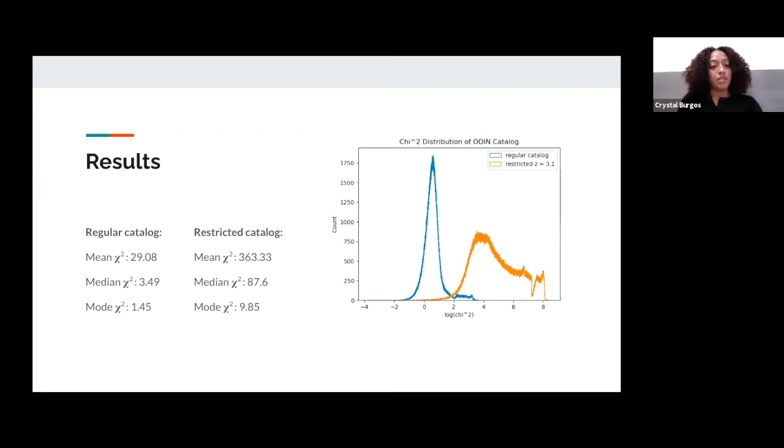The other narrowband filter is N673, and the redshift that's relevant to the N673 filter is 4.5. So further on, we'll be restricting to 4.5 as well. Both of those filters are important to use in our study because the way that we identify Lyman alpha emitters is through an excess in those narrow bands as compared to the broadband filters.